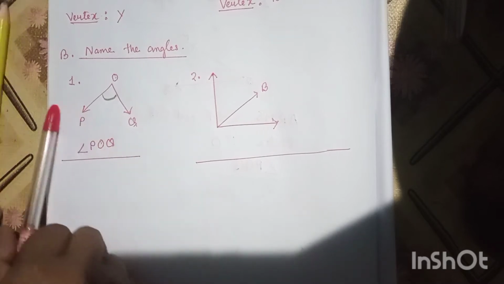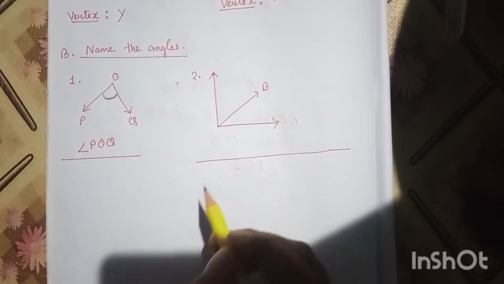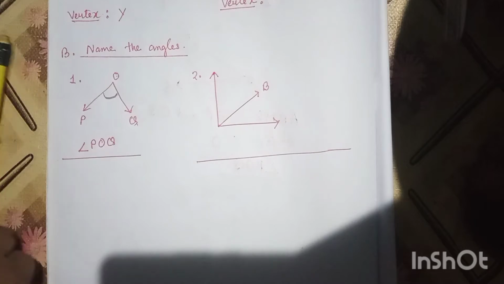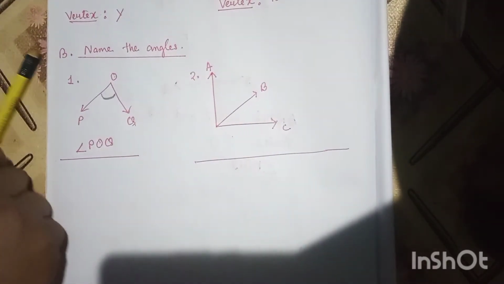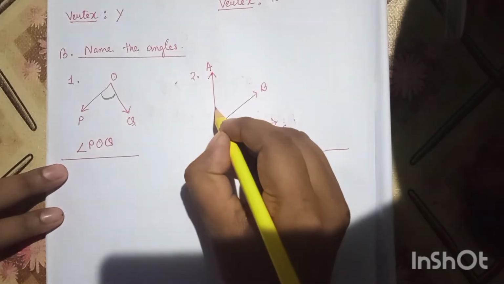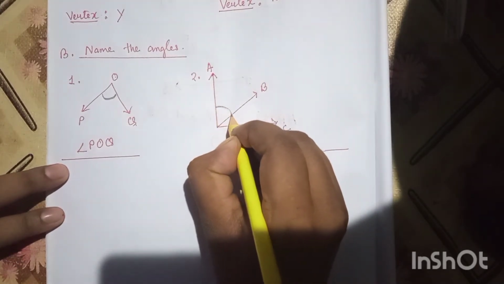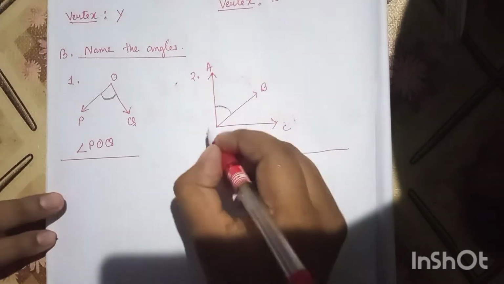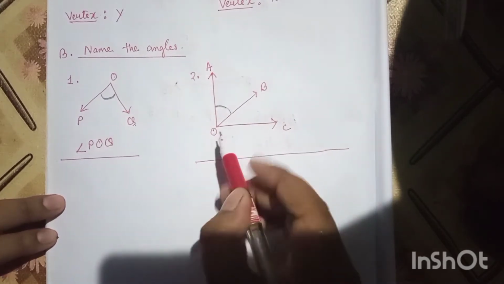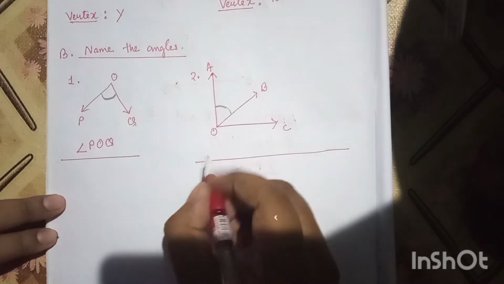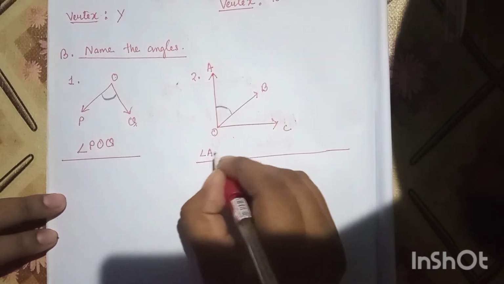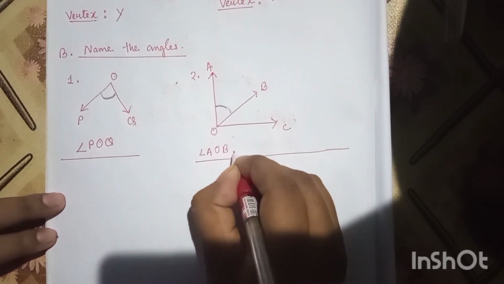Look at the next figure, how many angles are there? If you see properly, this is the vertex. The first angle is angle AOB.